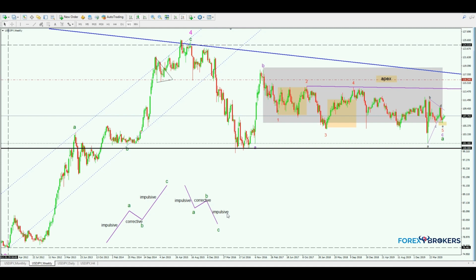The B wave can be a simple correction, can be a triangle on its own, can be a flat on its own, and can also be a zigzag on its own. So you may have a zigzag as the entire pattern, but you may also have a zigzag for the B wave, for instance.